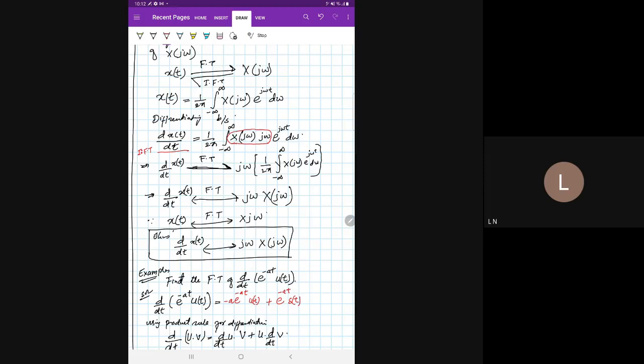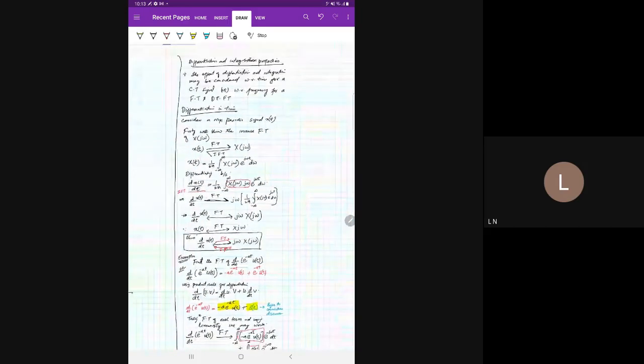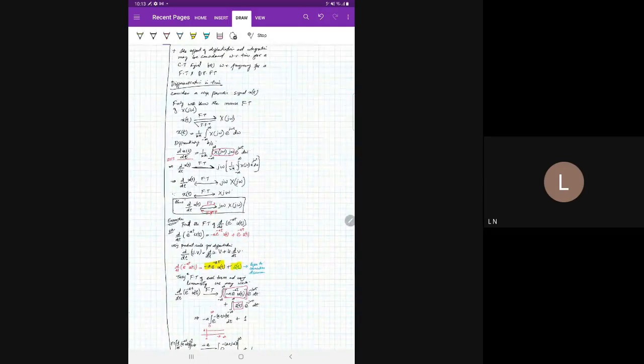Or in general, we can say this is the Fourier transform in this direction. If we take the Fourier transform of this d by dt of x of t, and on the reverse side perform the inverse Fourier transform, both of them are Fourier transform pairs.